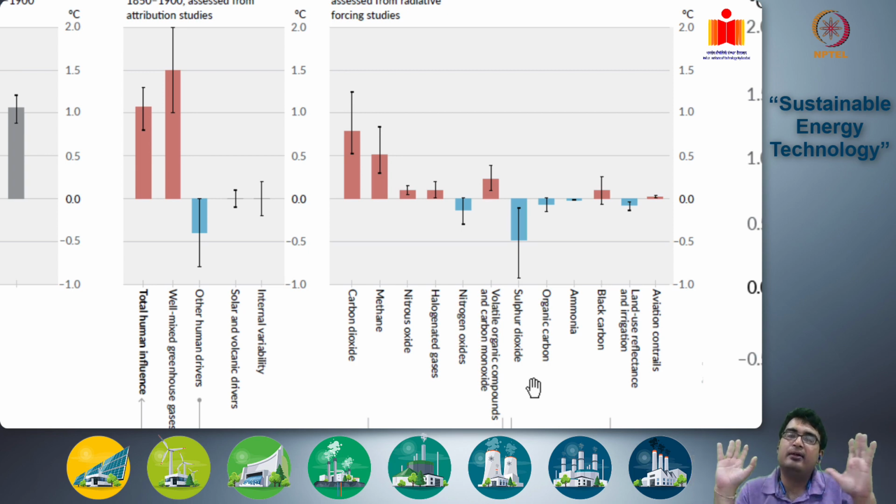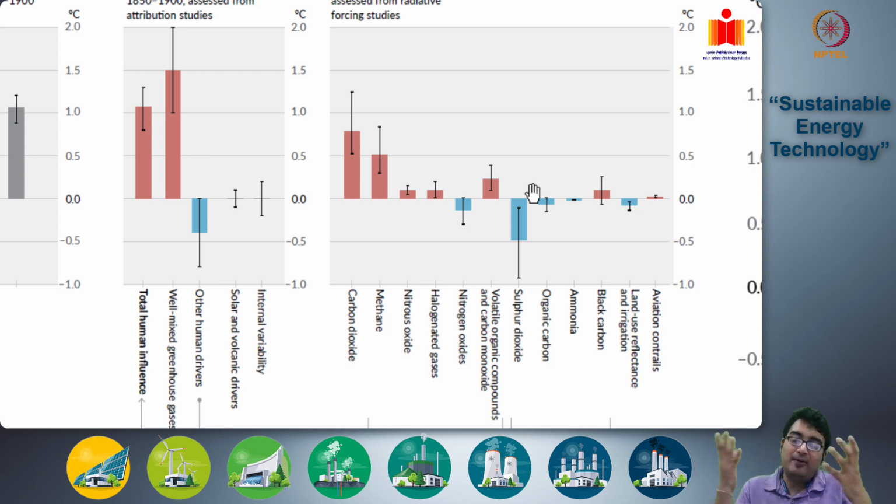You will see the atmosphere becoming foggier, so more of the sunlight is reflected back instead of being absorbed by the surface. That acid rain caused haze is causing a large cooling effect of minus 0.5 degrees centigrade. Nitrogen oxides and organic carbon are also contributors to this acid rain. So these are the cooling impacts, whereas these are the heating impacts.